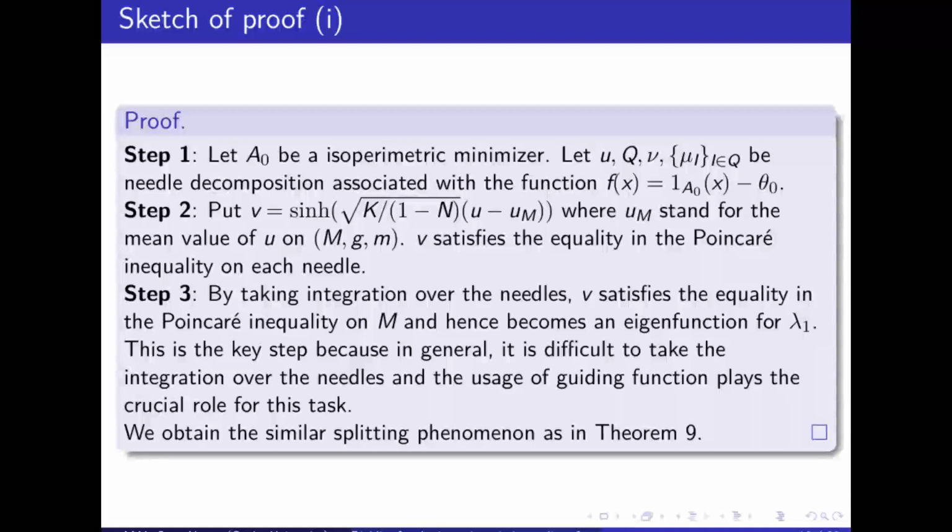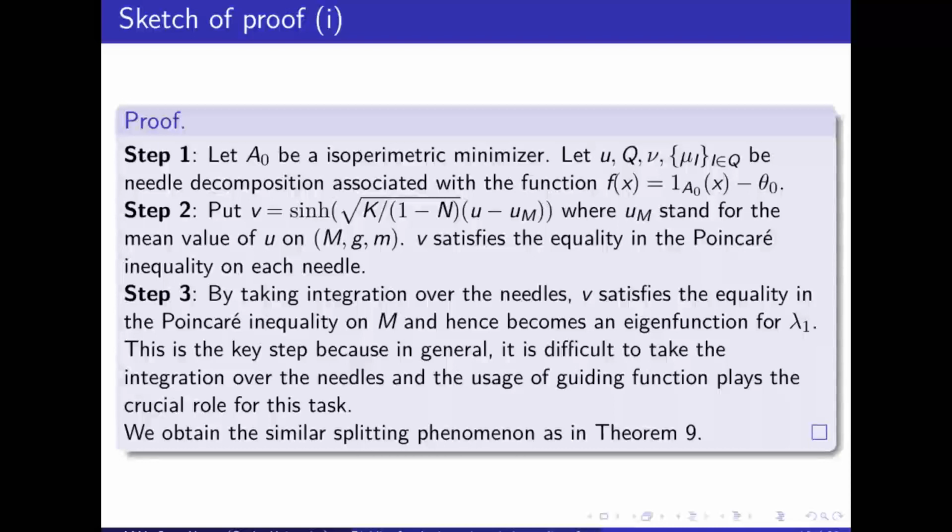By one-dimensional analysis, we found that we satisfy the equality of the sub-spectral inequality on each one-dimensional needle. And in step 3, we take the integration over all the needles, and we found that we satisfy the equality in the sub-spectral inequality on the whole M. And hence it becomes the eigenfunction for lambda 1.